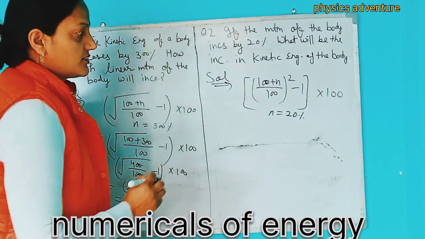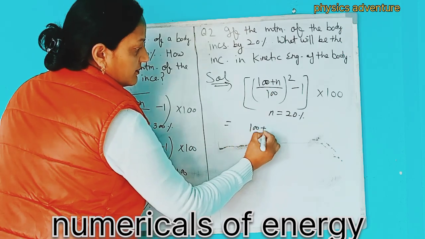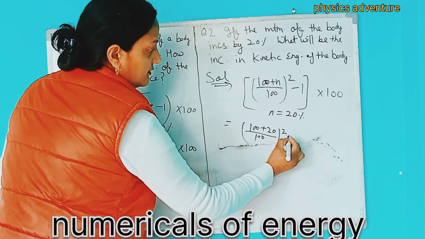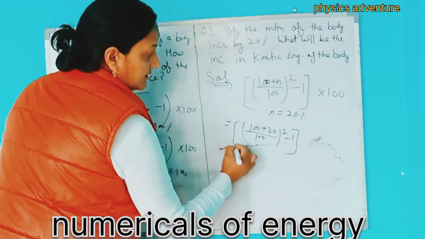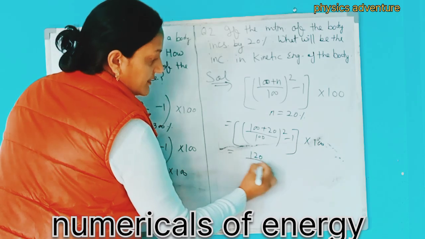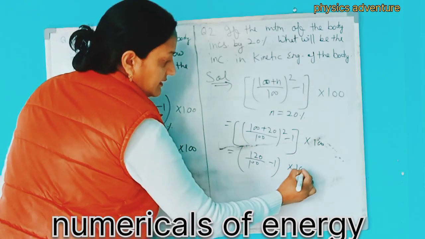This is the momentum. So put the value of n in this formula: 100 plus 20 upon 100, whole square, minus 1, and multiply by 100. This is equal to 120 upon 100, minus 1, multiplied by 100.